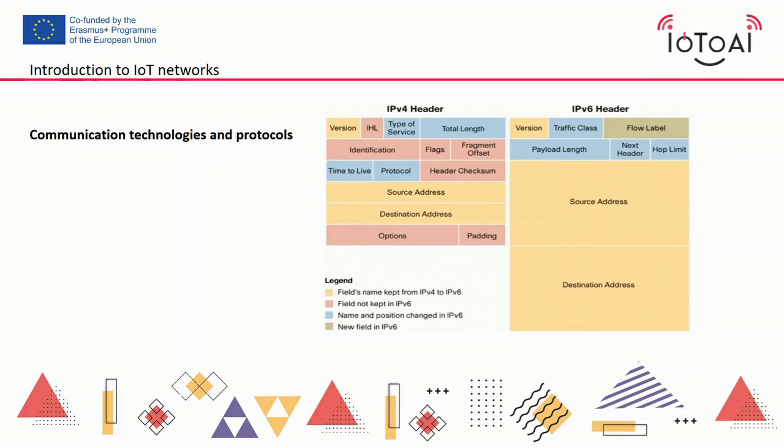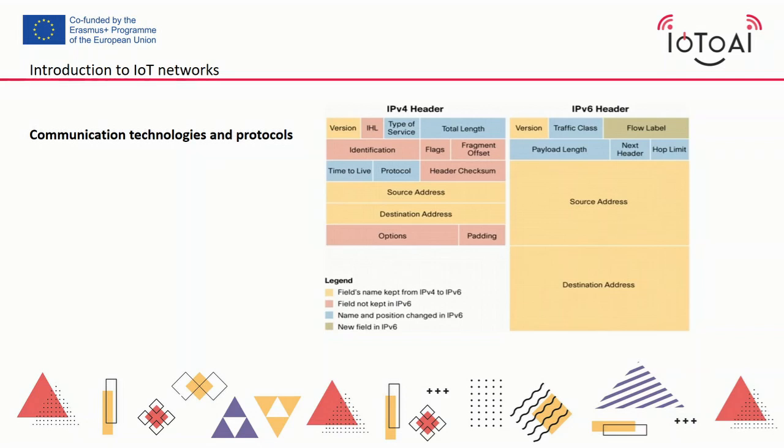The students will learn about the communication technologies and protocols from the point of view of IP protocol. We use IP version 4 when we want to connect to internet our devices, laptop, PC, or tablet, for example. However, there is a lack of enough IP addresses for all the devices that will compose IoT networks around the world.